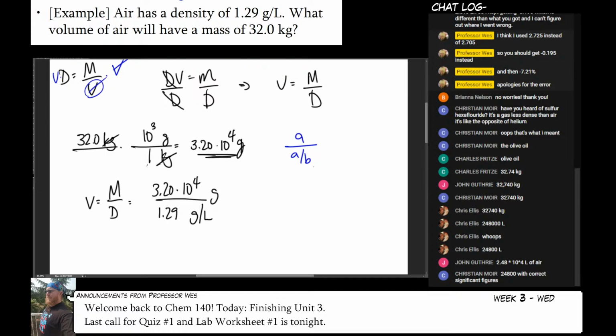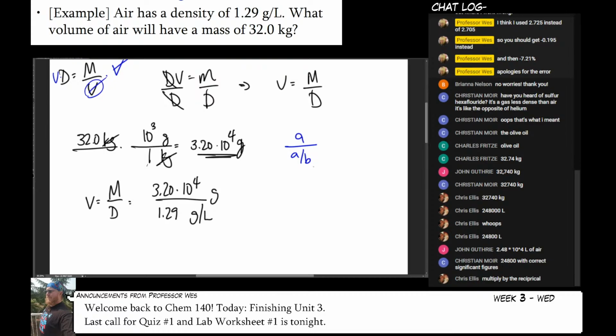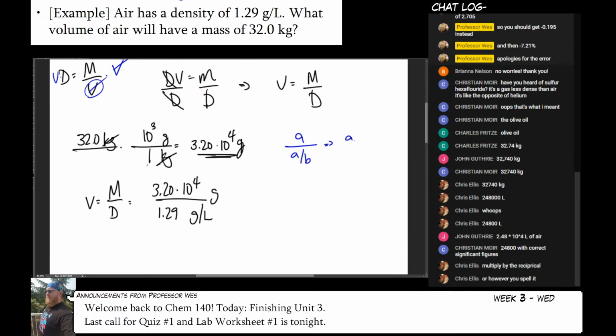What is that? I just can't think of the word. It begins with an R. Multiply by the reciprocal. There you go. Very good. So writing this expression is the same as me writing this expression, right?